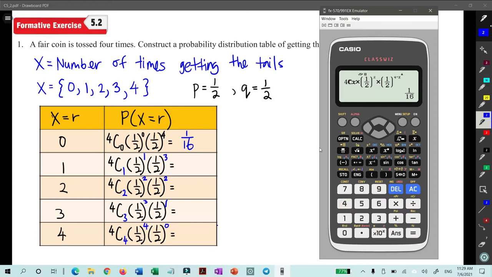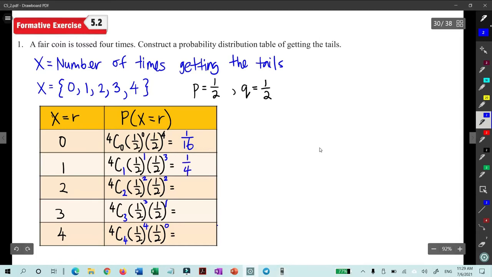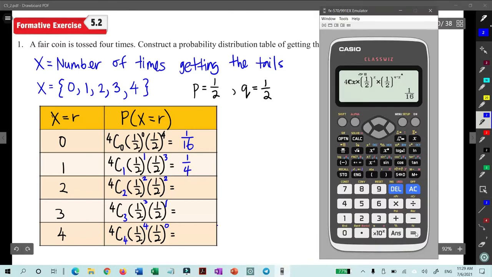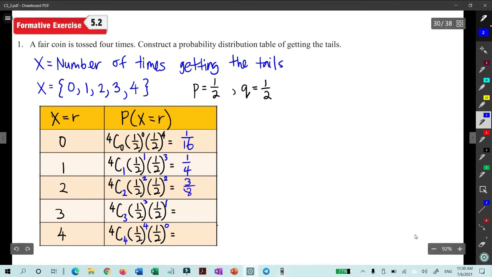So we start with this one here, 1 over 4. When it's 2, it's 3 over 8, and then again we get 1 over 4, and then 1 over 16. Okay, done.